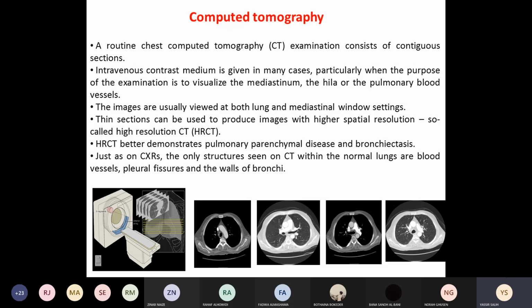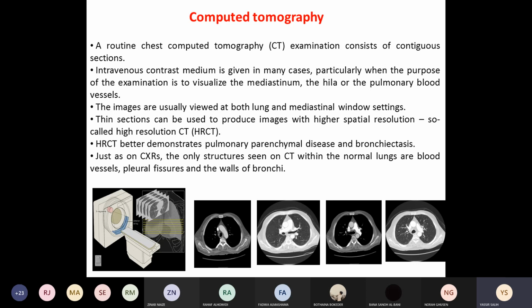High resolution CT is a technique done with thin section for demonstration of the more details of the lung parenchyma and small lesion. High resolution CT demonstrates pulmonary parenchymal disease and also many diseases such as bronchiectasis.